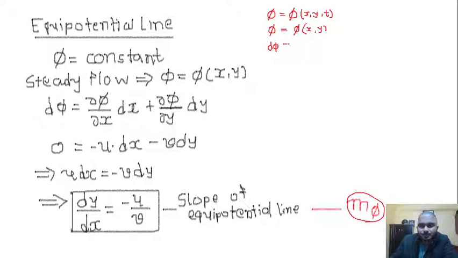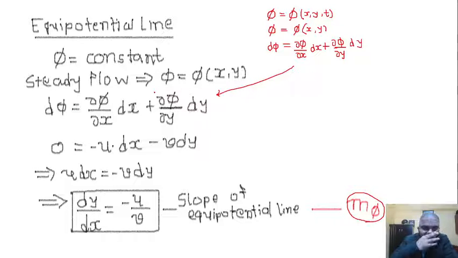So here d phi, if we differentiate this, then we will have del phi over del x into dx plus del phi over del y into dy. The same can be seen over here. And as phi is constant, d phi will be 0.